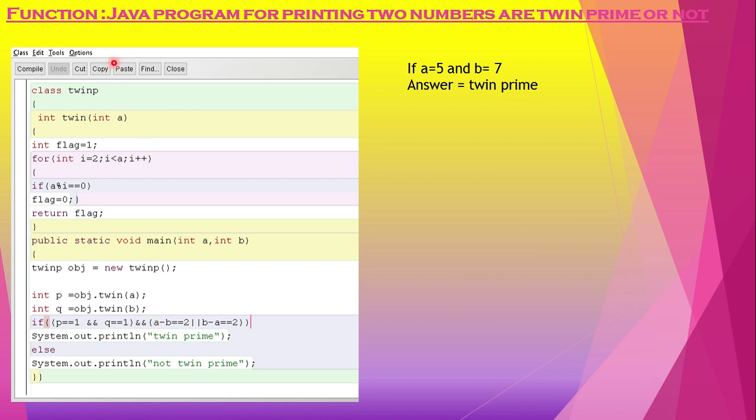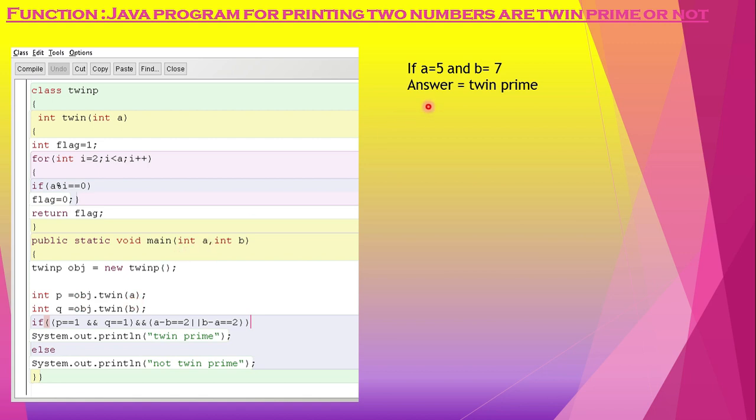This is that part only, checking whether it is prime or not. Now I am getting two numbers, 5 and 7. I have created the object, and the first time the function is called, a will be sent.